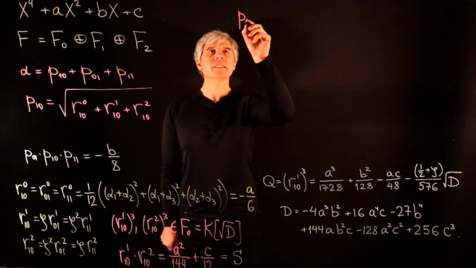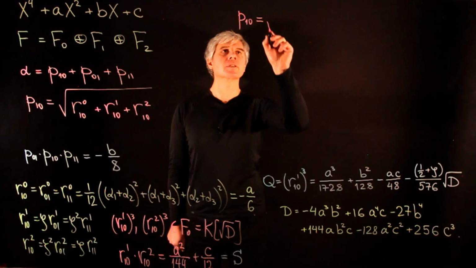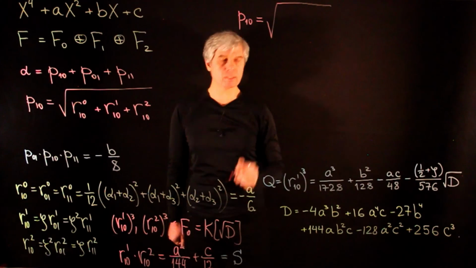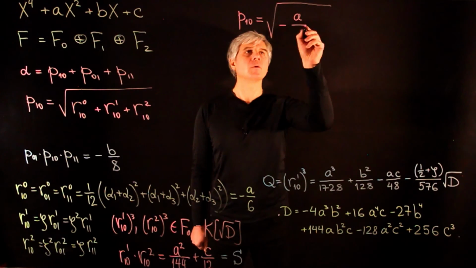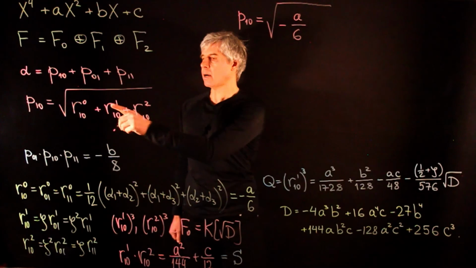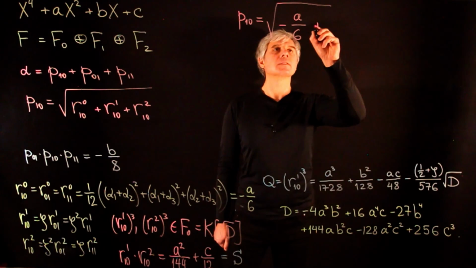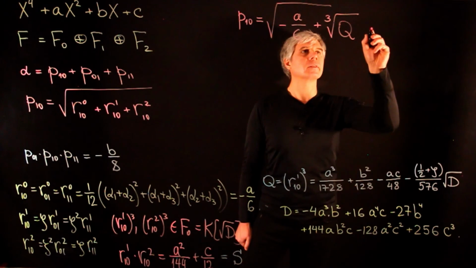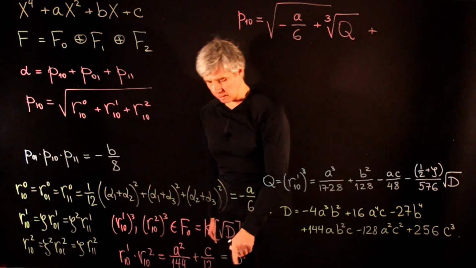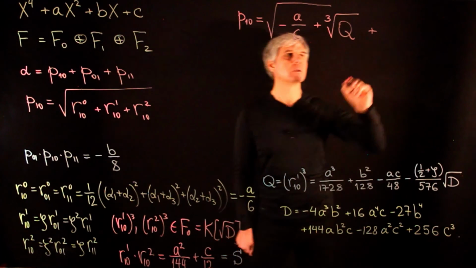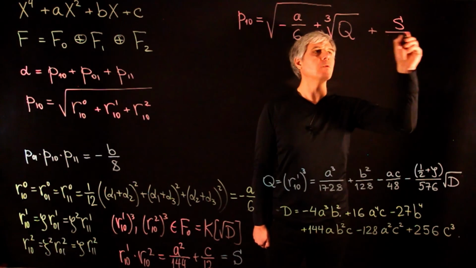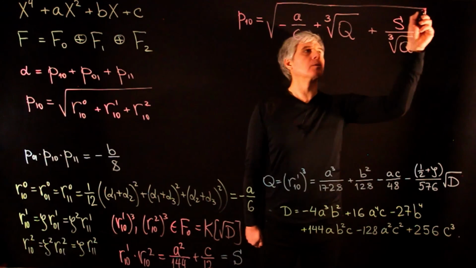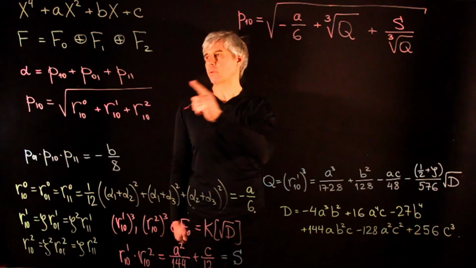So P10 is equal to the square root of minus A over 6, since R100 is minus A over 6. Then R101 is the cube root of Q. And the second component is obtained from this formula here. So we get S over cube root of Q. So this is the expression for P10.